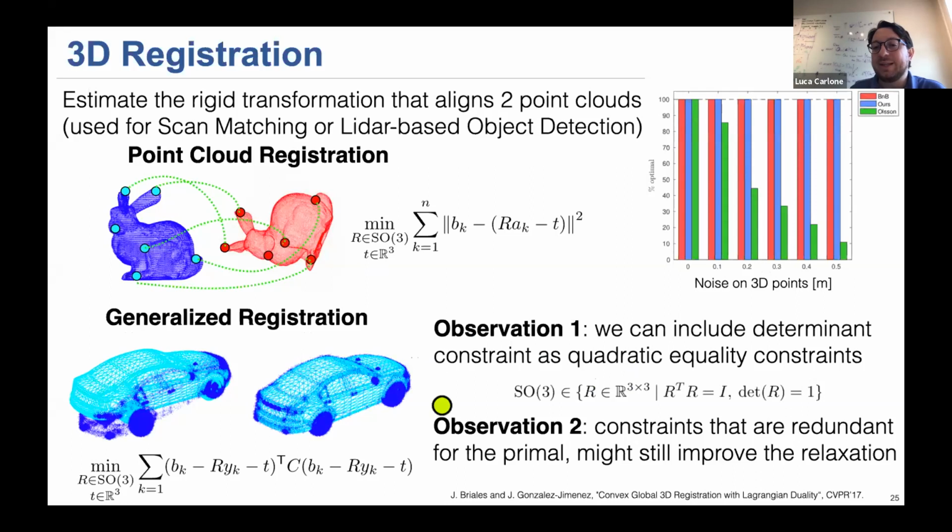But I want to use this slide to observe a couple of things, okay? So the first observation is that I already mentioned that it is possible to include the determinant constraint, which arises from the rotation matrices as quadratic equality constraints. And I mentioned that that didn't matter in SLAM, but it turns out that for this problem of generalized registration, including that constraint makes a difference.